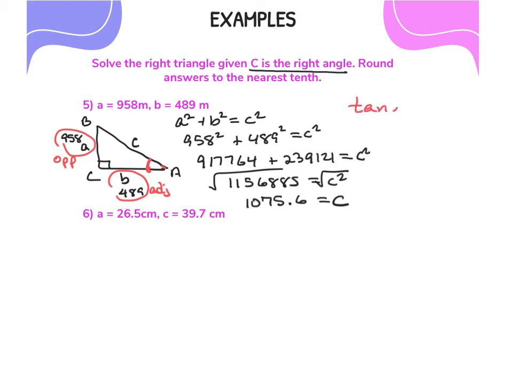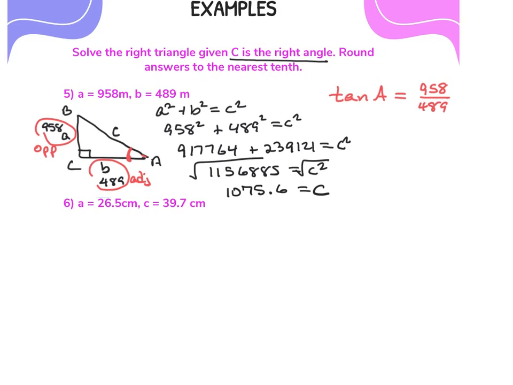So I'm setting this up as tan of A is equal to opposite over adjacent. So my opposite is 958 and my adjacent is 489. In order to find an angle measure, we're going to put into our calculator tan -1. Most calculators, you're either going to hit the second key or the shift key, and then I'm either going to enter this as a fraction or do 958 divided by 489. Hit enter, and this is going to round to the nearest degree, 63 degrees.